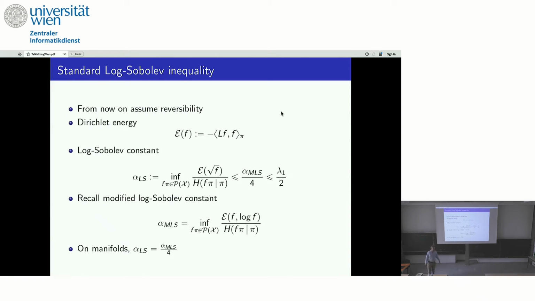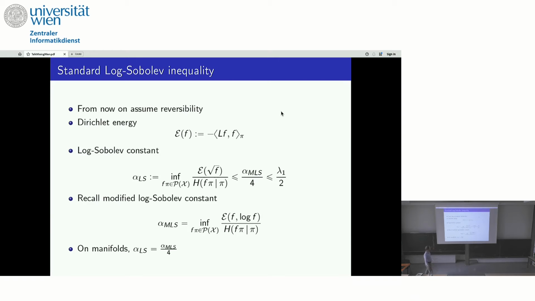Now we will come to the next part. As you might have noticed, we have this modified log-Sobolev inequality. There's also the standard log-Sobolev inequality. It turns out that they are different in the discrete setting, again by the lack of the chain rule, although on manifolds they are just the same up to a factor. The difference between them is the way we define the energy.